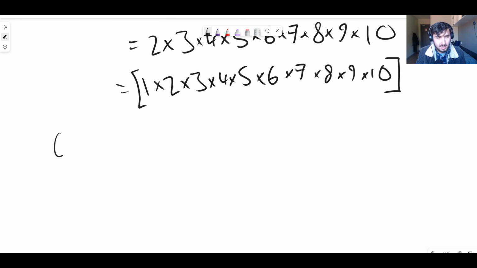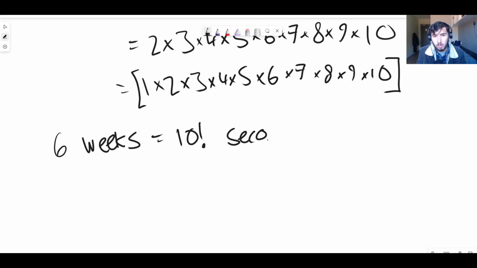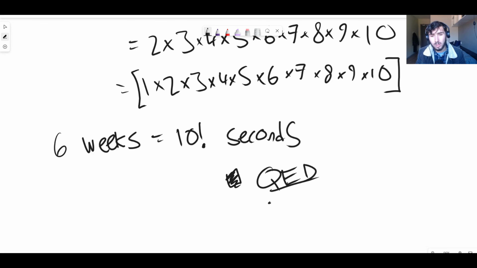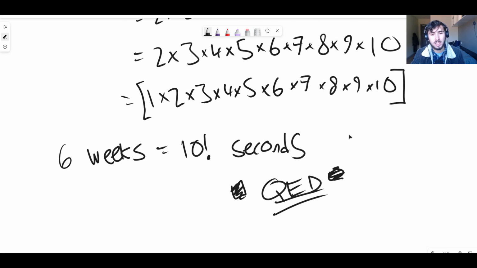So we can then say that 6 weeks is equal to 10 factorial seconds. Because remember, we've been in seconds the whole time. So this is 10 factorial seconds, and that is a proof. So we can do our little black box, or we can write QED, or whatever you like. We can do it all. And that is the proof that 6 weeks is exactly equal to 10 factorial seconds.